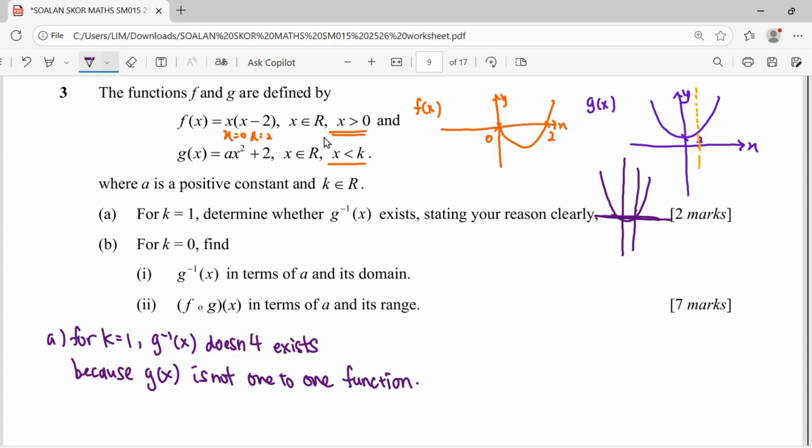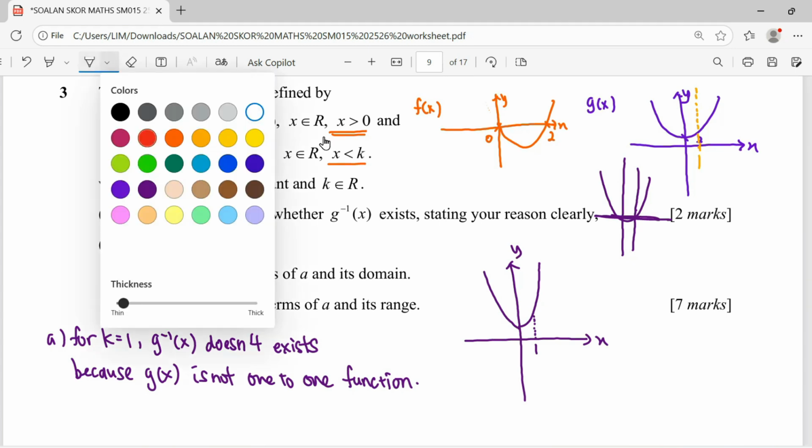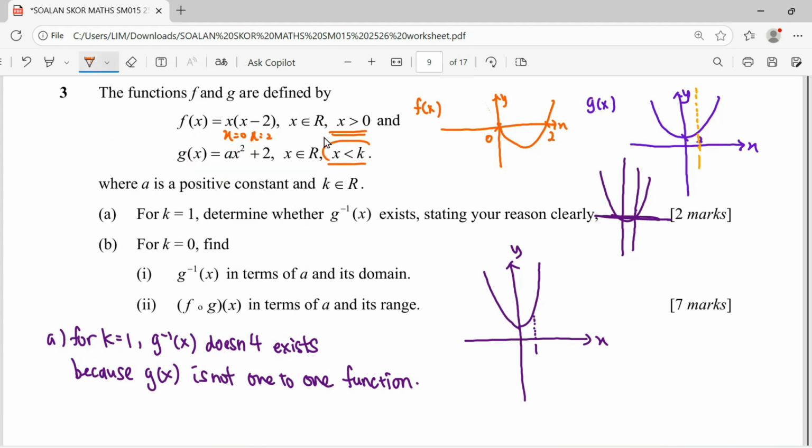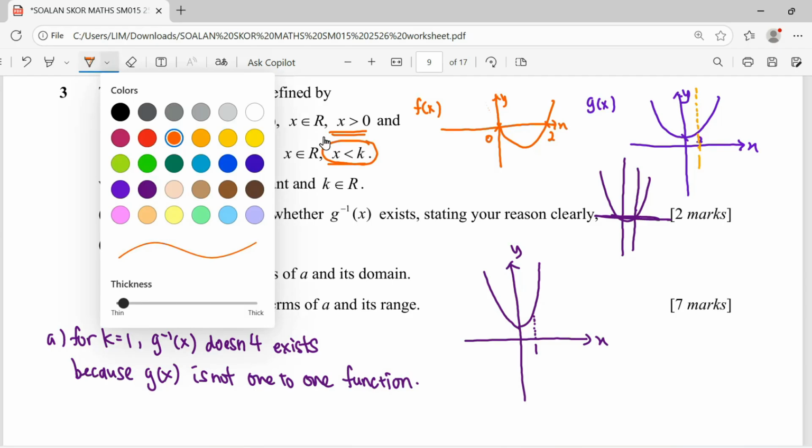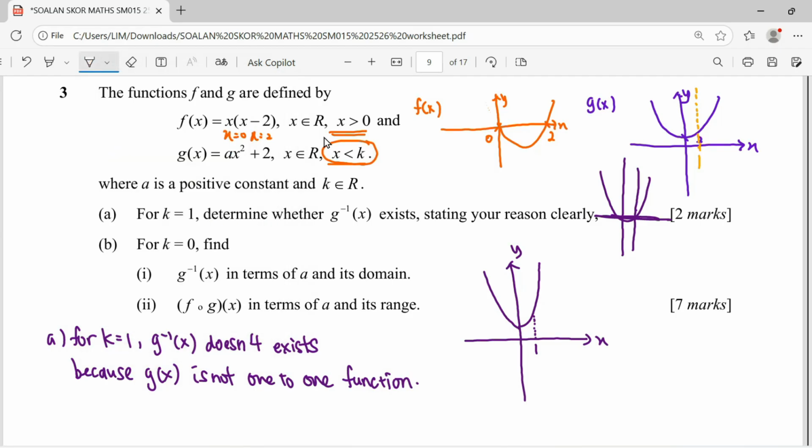And state your reason clearly, so we can draw out the graph. Y, x. So this is the quadratic. When x equals 1, if the domain is less than 1, we will have the graph like this.